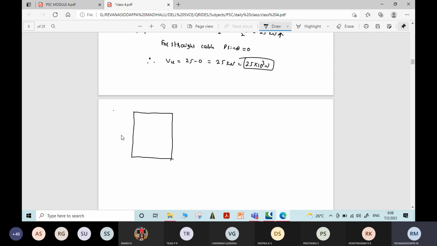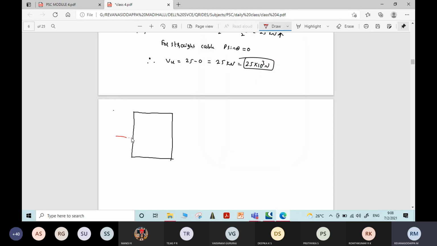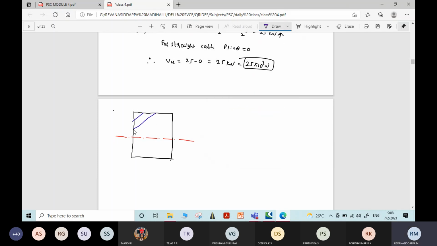Okay, draw the neutral axis. Now you can find Ay bar, first moment of area about the neutral axis.